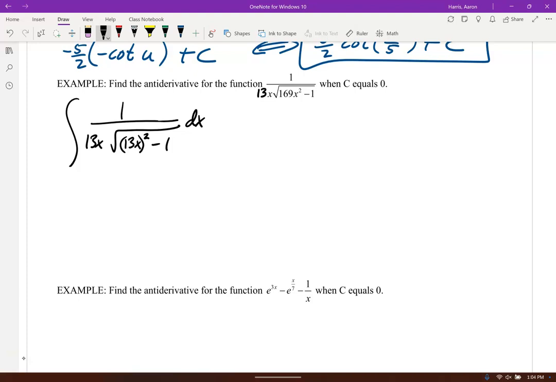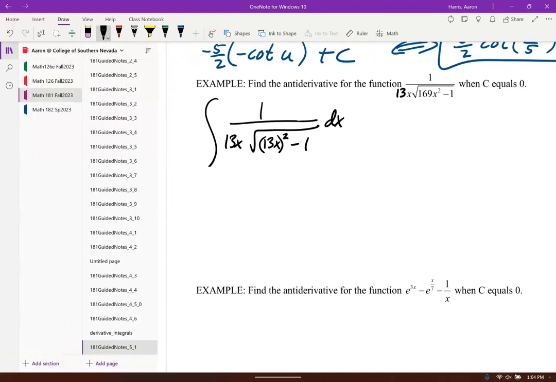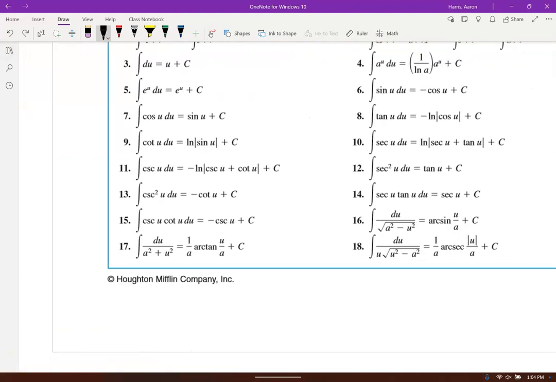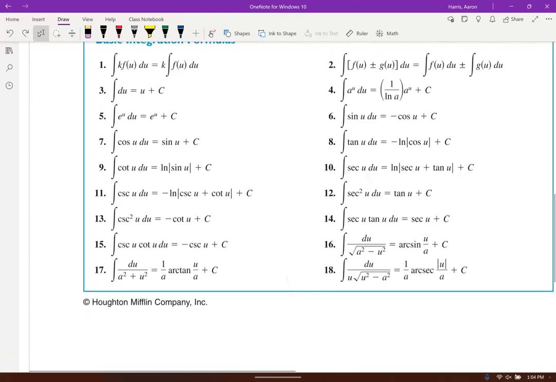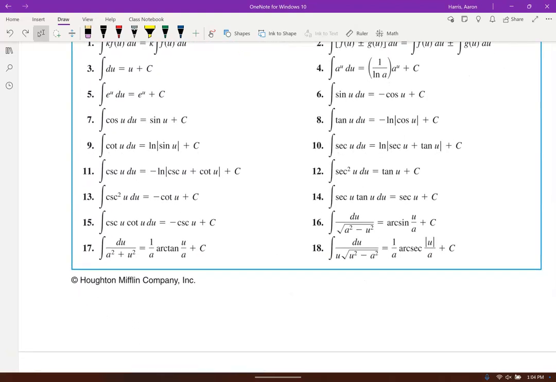So what I'm looking for is, on my sheet, let me pull up my sheet now, a 1 over u square root of u squared minus, hopefully you can see it right here. See that? That's the one we're going to use.